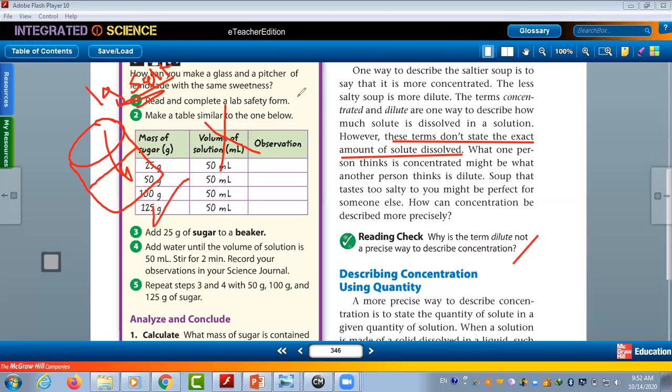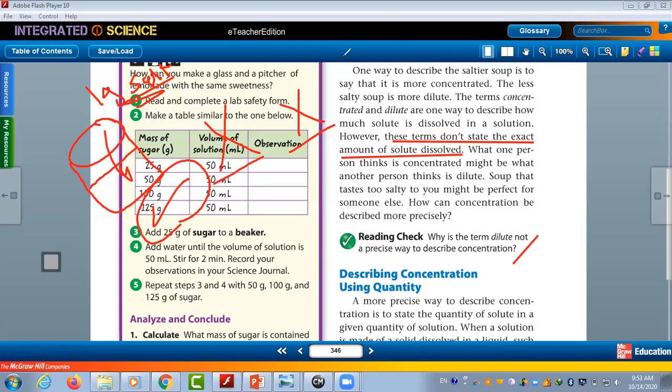Maybe the big brother will say, no, I need more salt. So what is suitable for you will not be suitable for others. We have different opinions about things, so we cannot depend on words for description. We must give the exact amount.